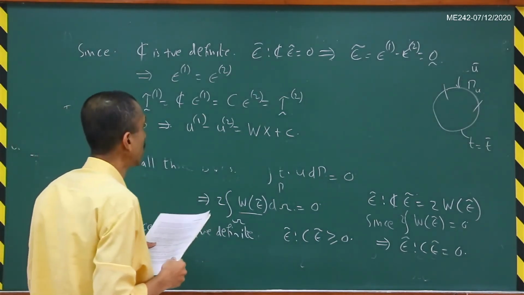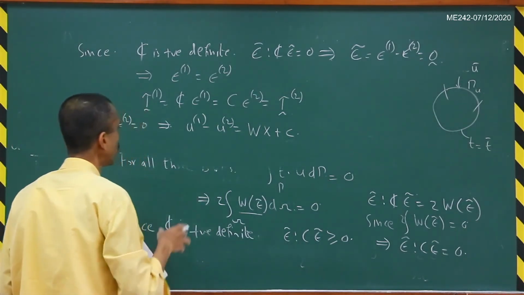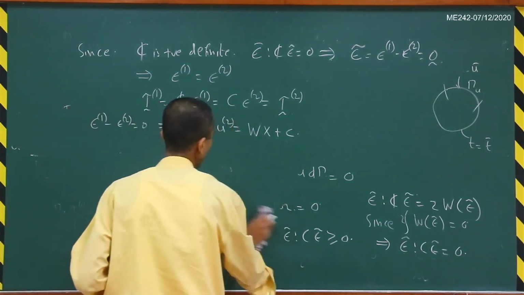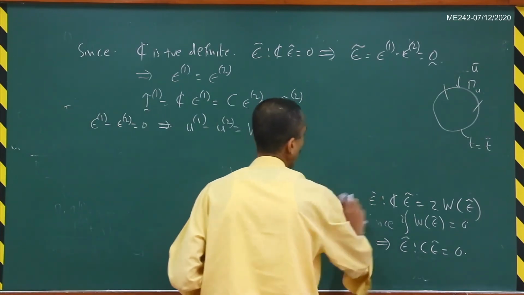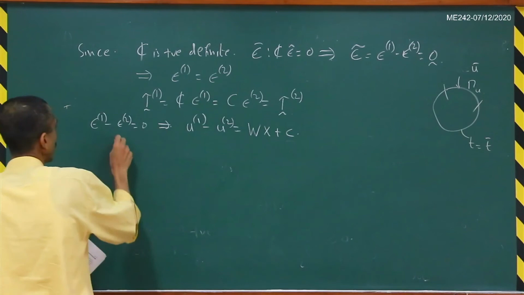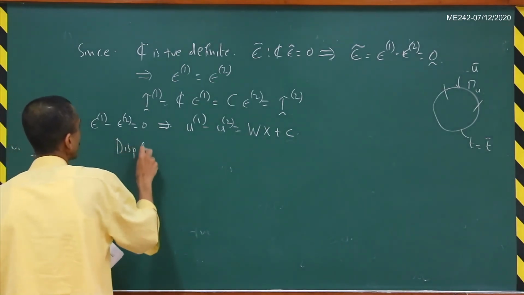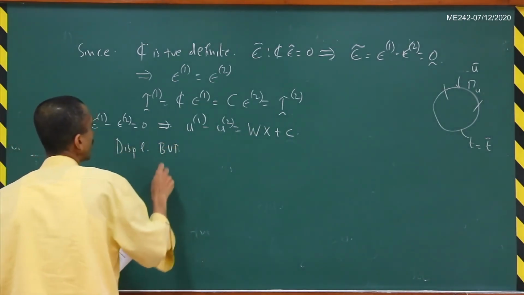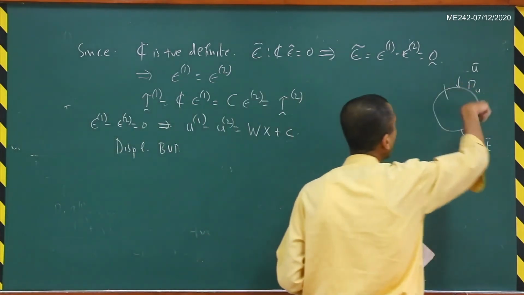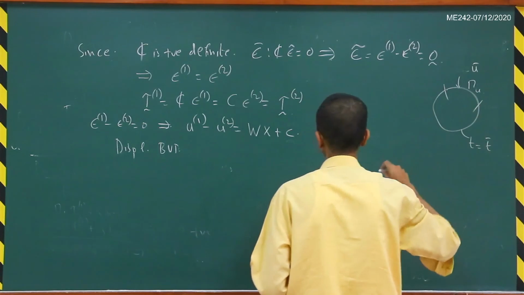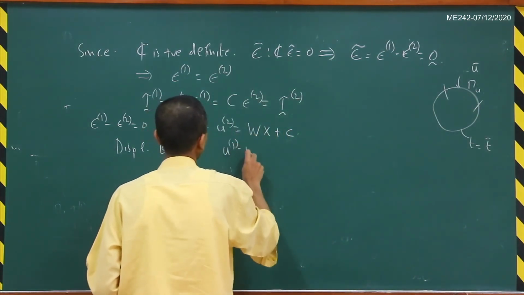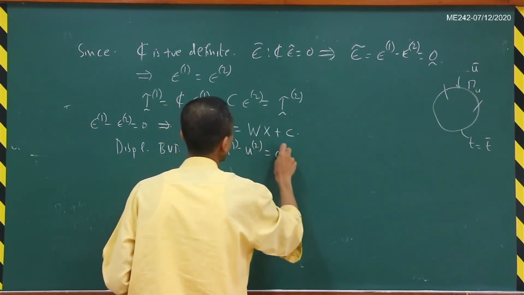Now if you take a displacement boundary value problem, it is prescribed on the whole of gamma u, so you will get that U1 minus U2 is equal to 0 on gamma.